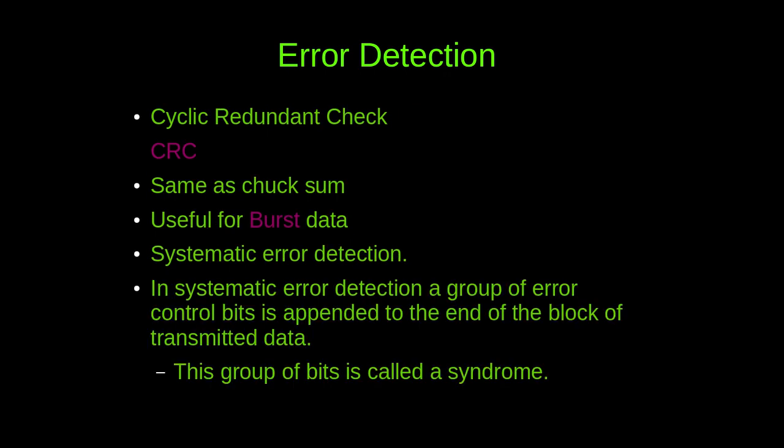Systematic meaning it appends a group of error control bits to the end of the block of transmitted data. This group of bits is called a syndrome. So now we don't have 1 bit. We're going to append a group of bits called syndrome.